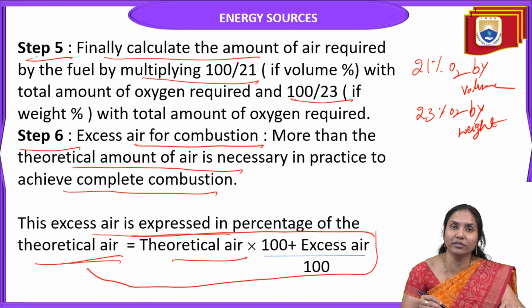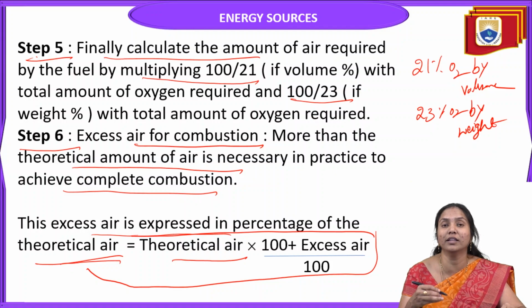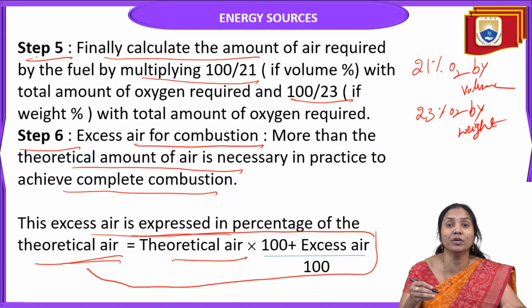So we should remember all these steps, before you calculate how much air is required for complete combustion of fuel. What is the first step? First, write the combustion reaction of the elements. After that, step 2: how much oxygen is required for complete combustion of the elements or compounds present in the fuel.